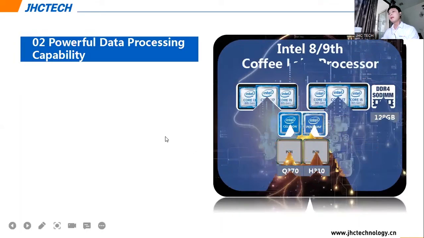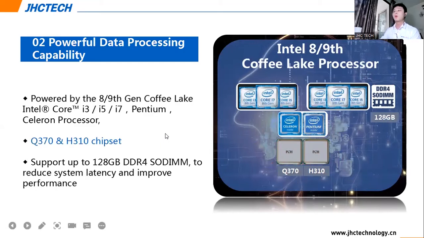Our new KMDA series has powerful data processing because it is powered by the Intel S or 9 Coffee Lake processor: Intel Core i3, i5, i7, Pentium, and Celeron processors. It has two models with the Q370 and the H310 chipset. It can support up to 128 GB SODIMM.